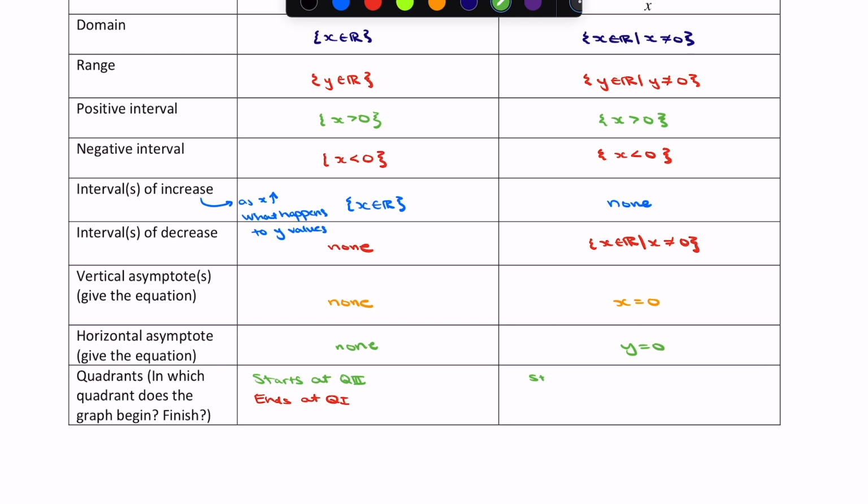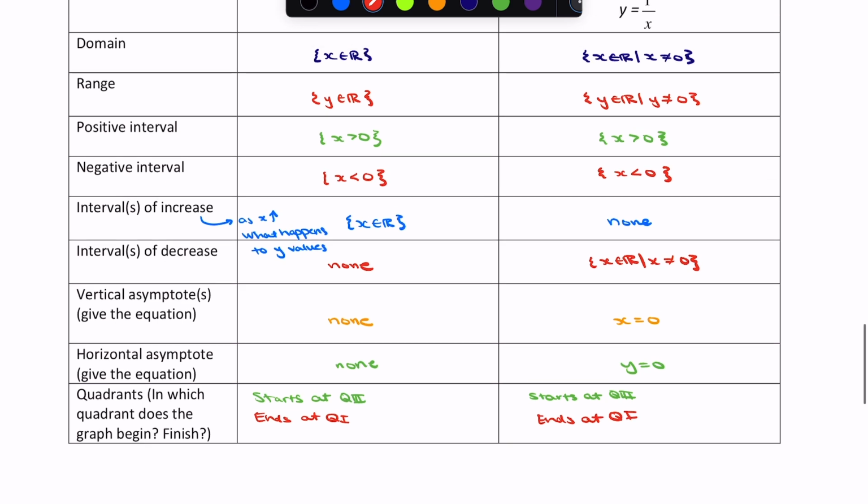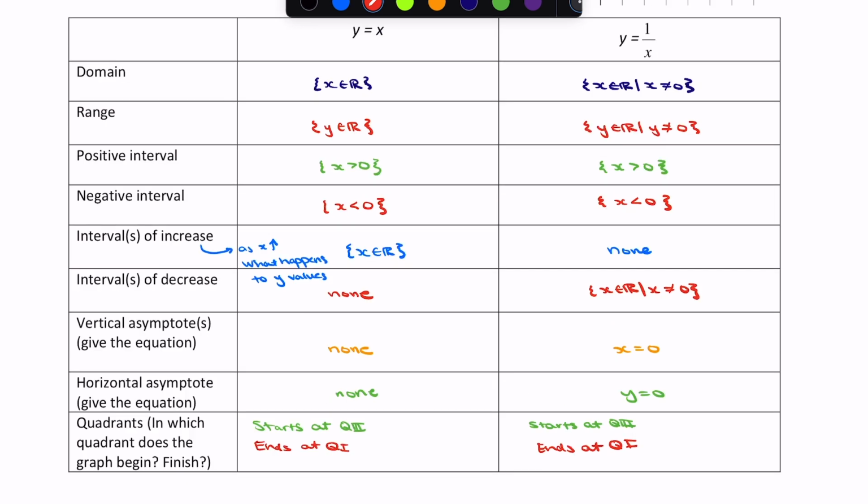So again, it starts at quadrant 3 and ends at quadrant number 1. Okay, so here again we see quite a bit of similarities in terms of the graphs y is equal to x and y is equal to 1 over x, in terms of their characteristics.